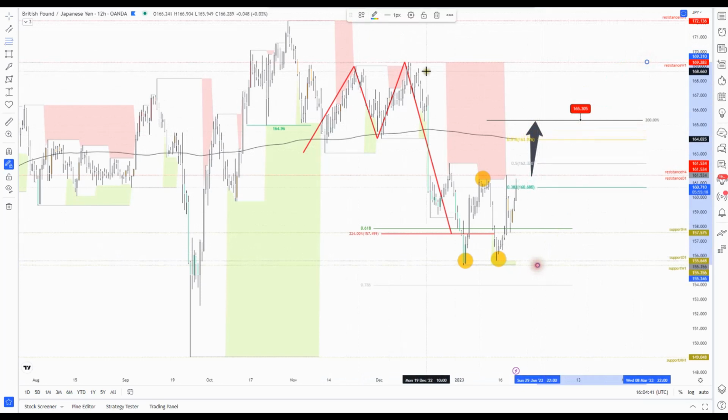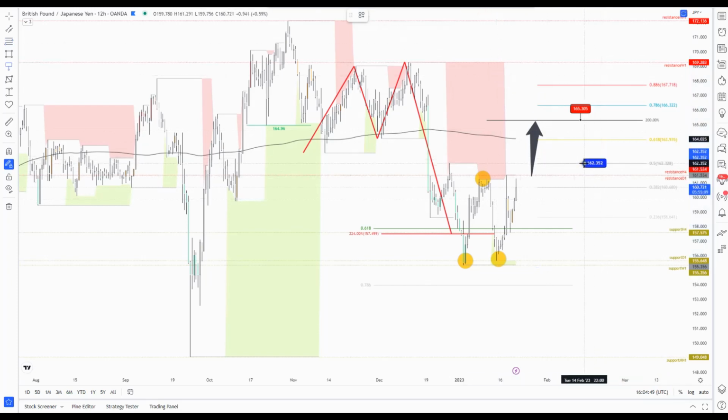We have also, as some of you already know, default targets for this bullish shark pattern, just a few points above the recent highs at the 50% Fibonacci retracement level, 162.35, just above the recent high.